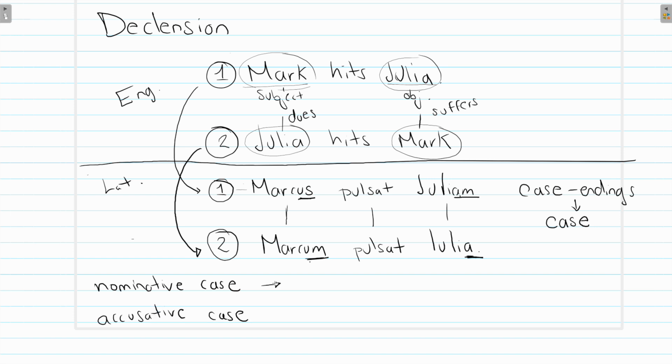The nominative case is usually going to indicate to you the subject of a phrase, the one who does the action, and the accusative case is going to indicate the object of a verb, the person, or sometimes the thing that receives or suffers the action.